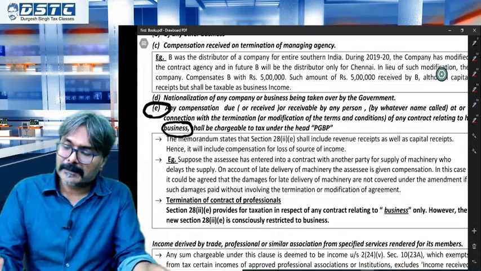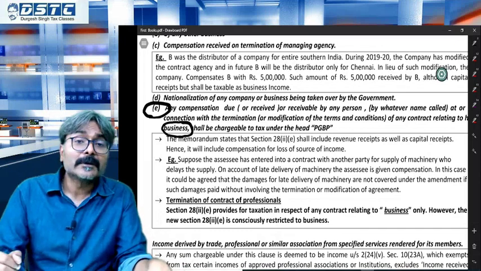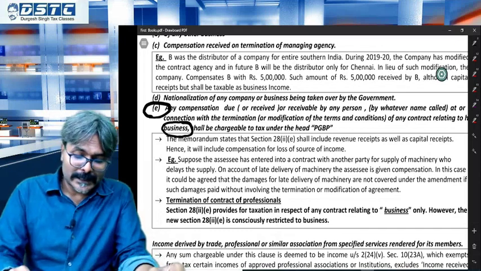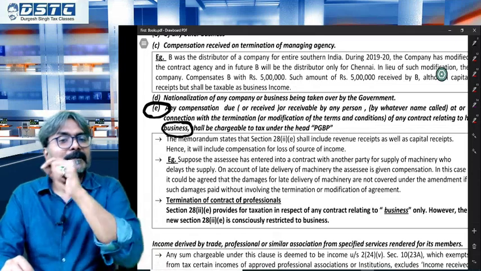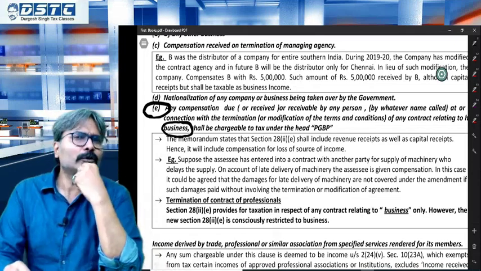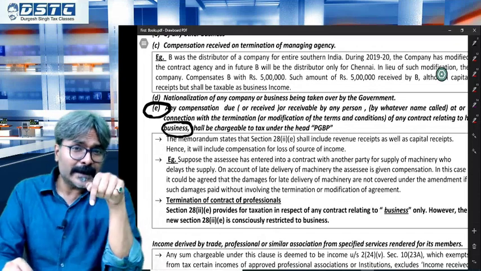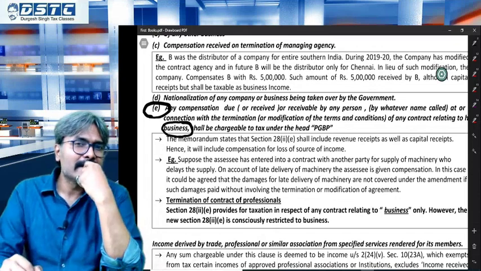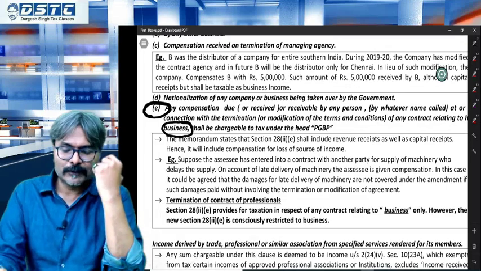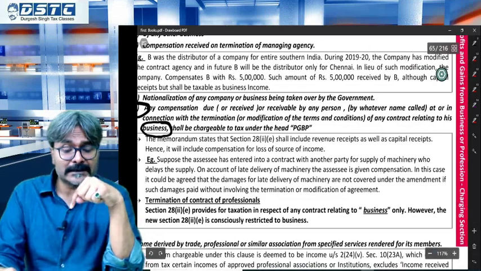Anyone who can answer this one? Why have they made this taxable? What could be the logic which the government had to make this amount taxable?